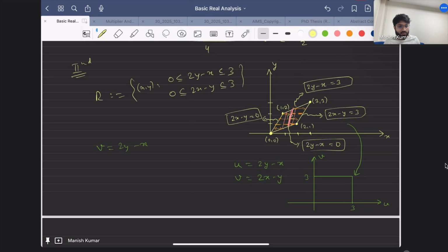Sir, there are two limits for 2x minus y. Okay, let me explain in this way then. So this region you can think of like this, made up of strips, straight lines like this, and straight lines like this.